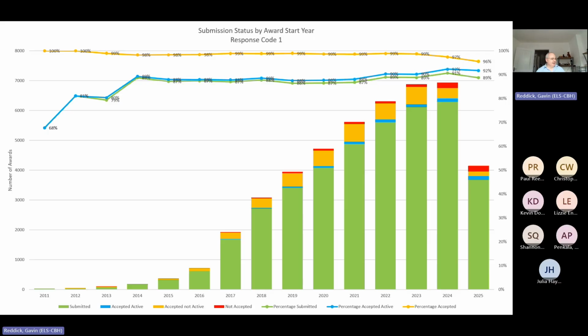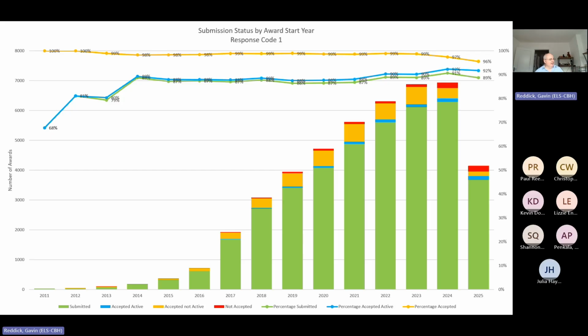If we look at response codes and award start year, so the different cohorts, what we can see, which is fairly typical, is that independent of when the award started, they typically have the same year-on-year percentage submitted.